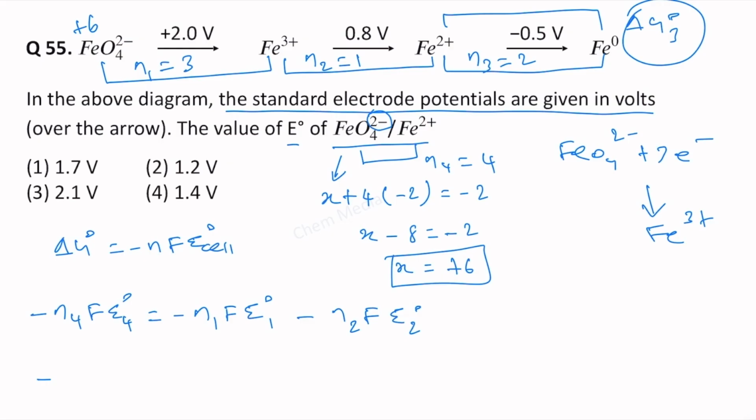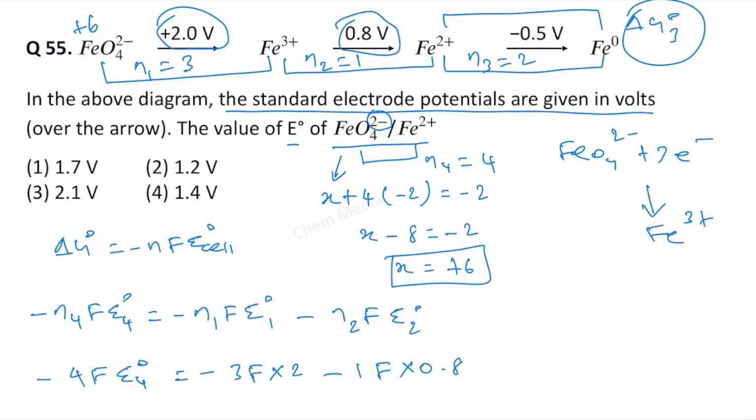Therefore n4 value is 4, because it requires 4 moles of electrons, times F times E4 standard is equal to minus 3 times F times E1 standard value, which is given as 2 volts. Therefore, times 2 minus n2 value is 1 times F, E2 standard value is given as 0.8 volts. Therefore, times 0.8.